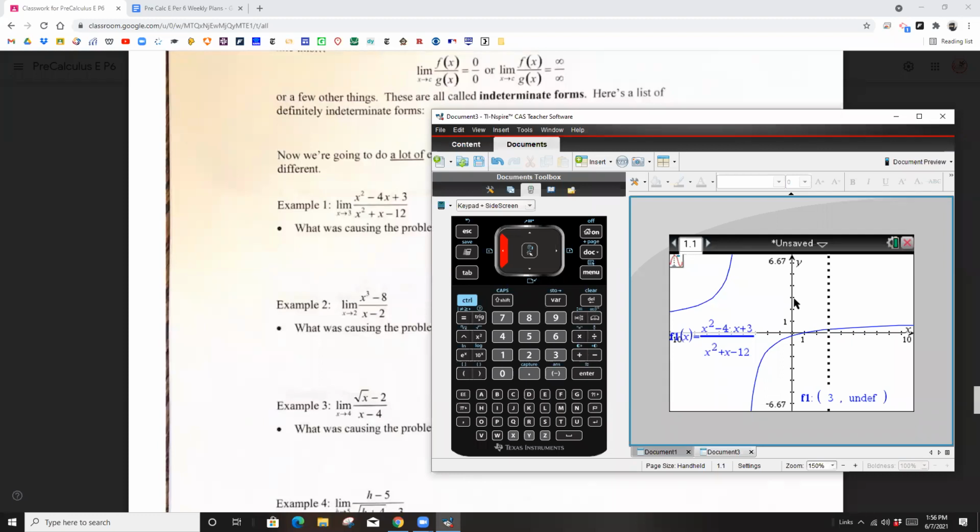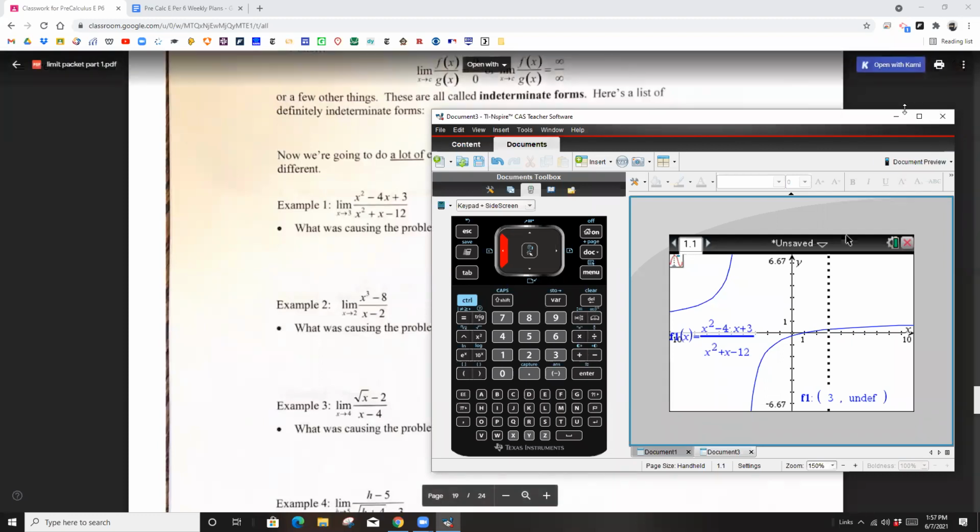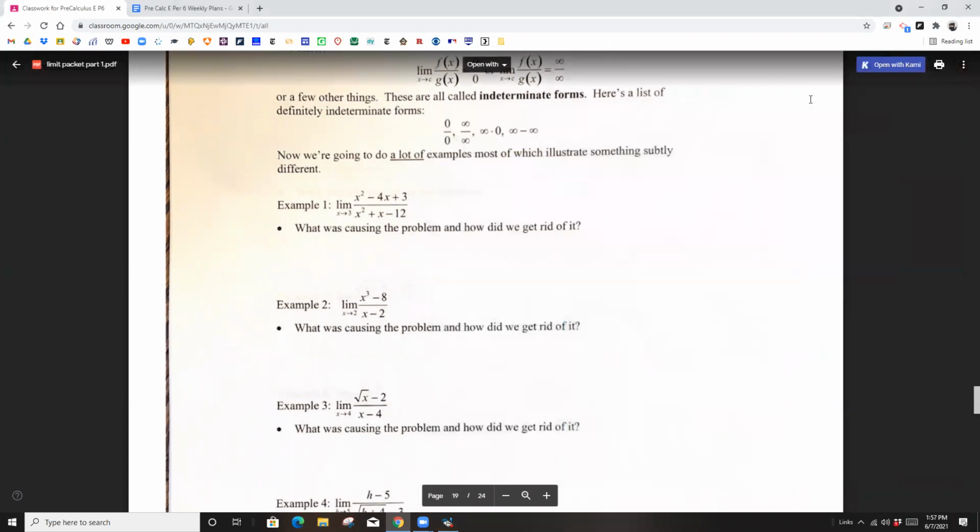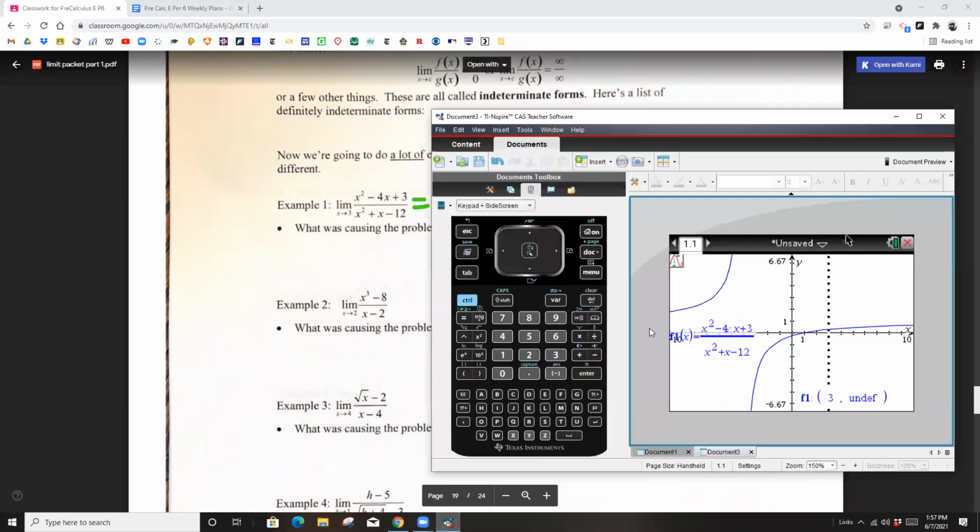So what we have here is a removable discontinuity. That means when you have a rational function with a removable discontinuity, or a hole, if we were sketching this by hand, we would not do what the calculator did. We would put an open circle here to show that the function is not defined at x equals 3.